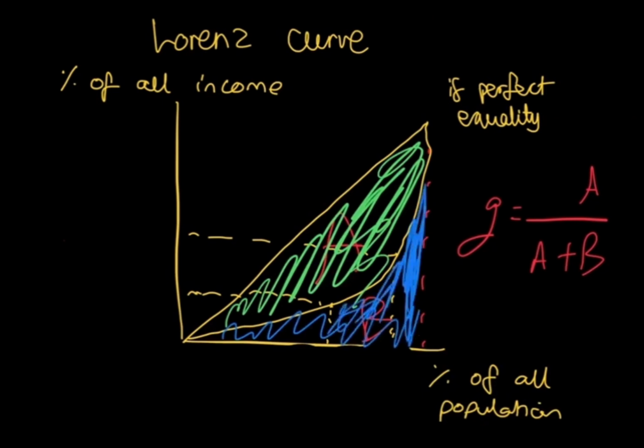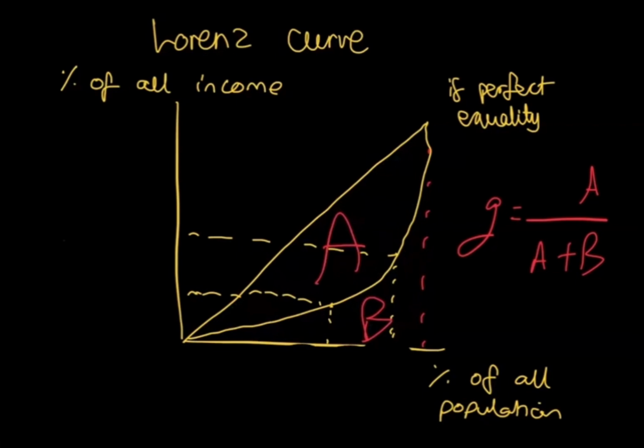Basically, the denominator is your total population times your total income. A plus B is just the whole graph. And A is just how much off you are from perfect equality in terms of area.